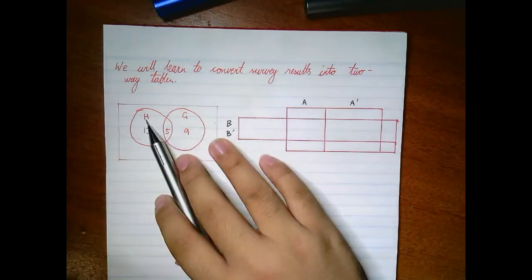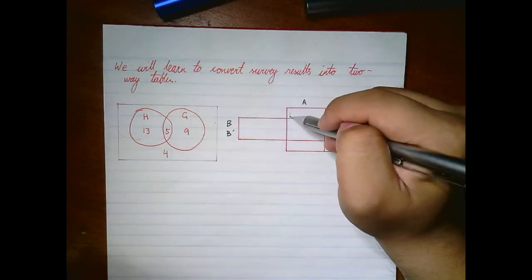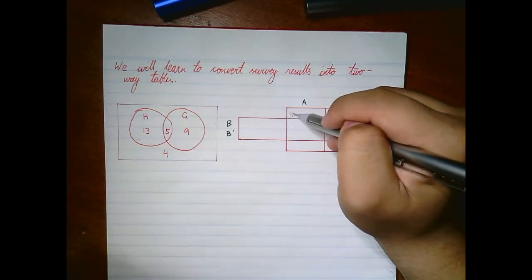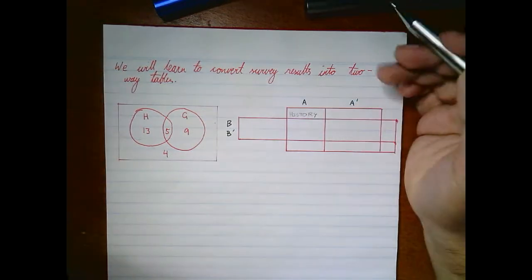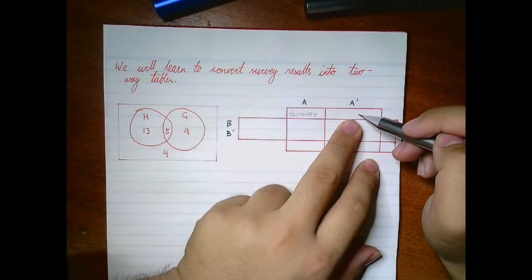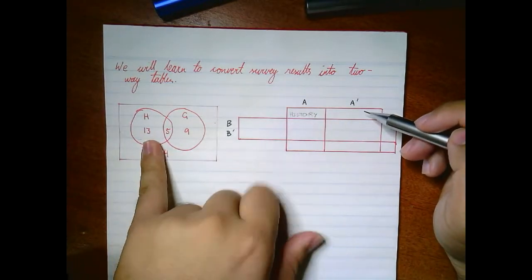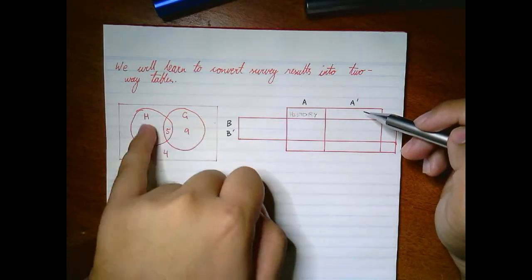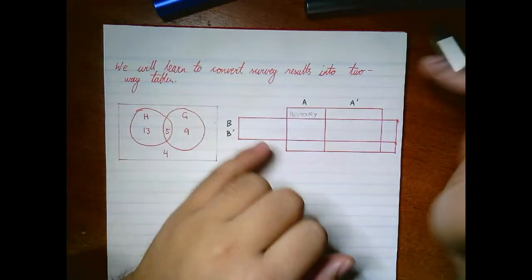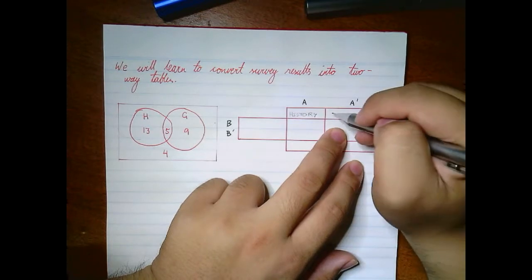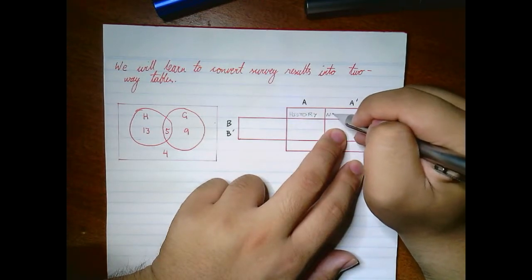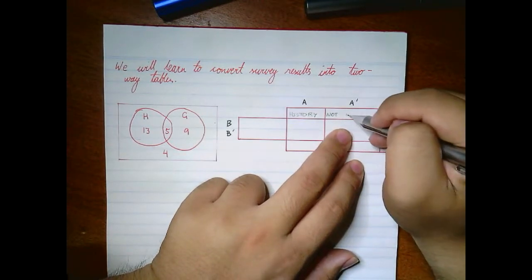I'll just pick for this one: A is history, so I'm going to put history here. And the complement of history, some might think it's geography, but they're not actually opposites. So to make it easier, instead of thinking what it is, we'll just say not history.